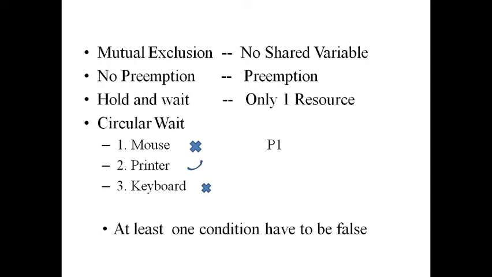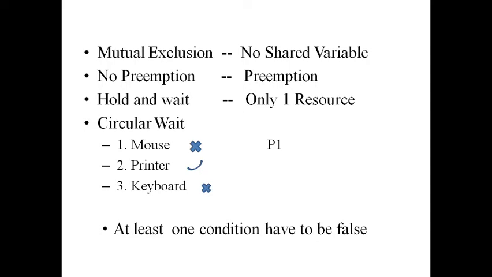To avoid that, this is one method: if no shared variable is there, there is no occurrence of deadlock. So if this mutual exclusion condition becomes false, it can reduce the deadlock. It is one of the methods. This does not work properly in practice, but still it is one method to prevent deadlock.